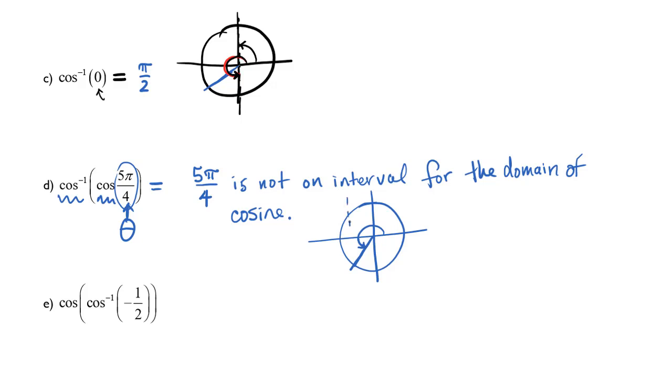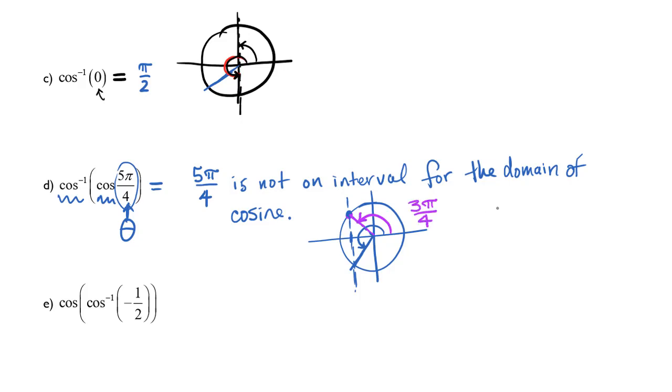And if I were to look at how far to the left that's going, it is in the x direction negative root 2 over 2, which is also equivalent to an output in the second quadrant. So we can say that the value for which this is in the domain would be equivalent to 3 pi over 4.